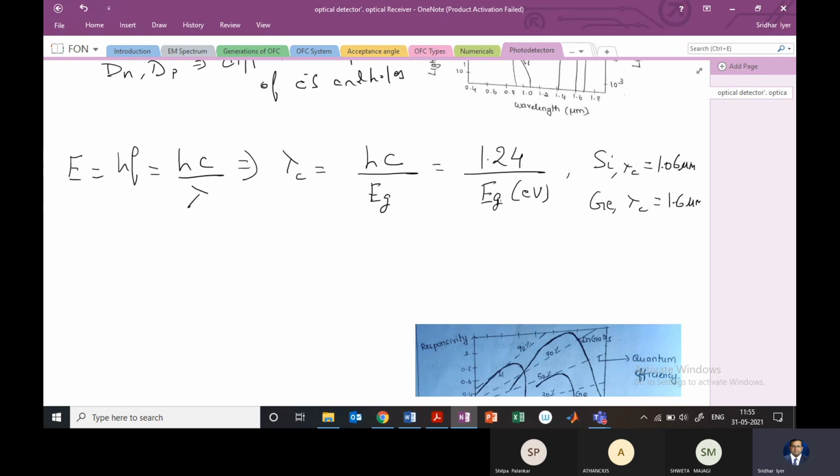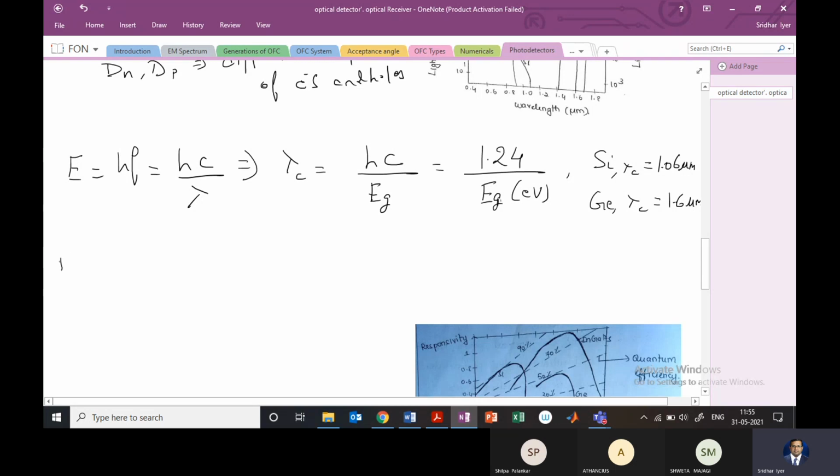So lower wavelengths have advantage in that sense. But obviously we want to operate at higher wavelengths. So let us see how we can calculate the various characteristics of any pin photodetector.